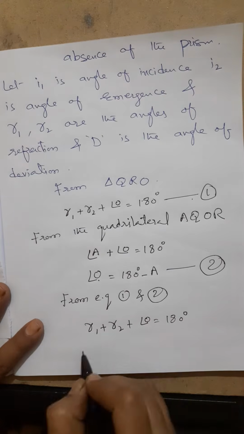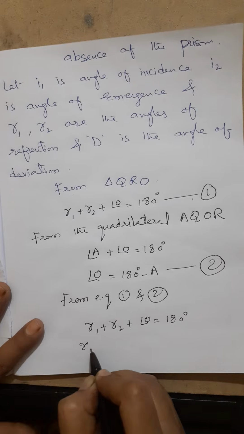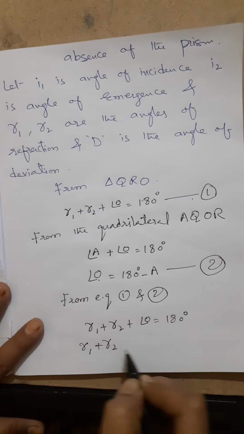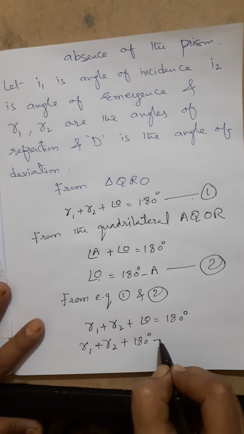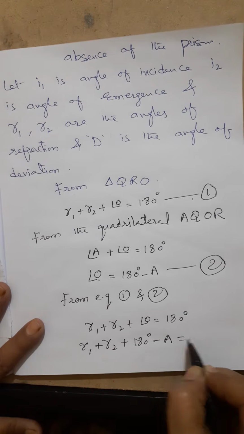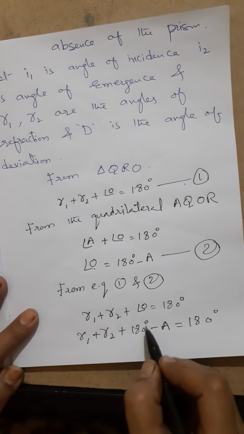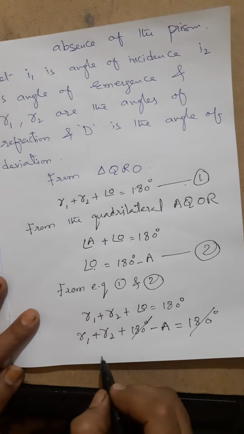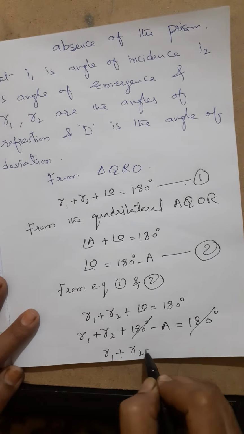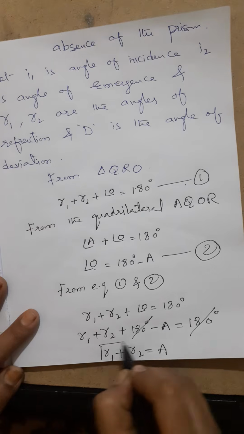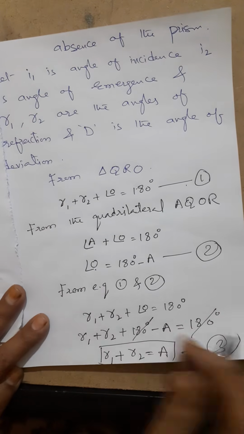Both sides 180 degrees get cancelled. We will get r1 plus r2 is equal to A. Let us take this as equation number 3.